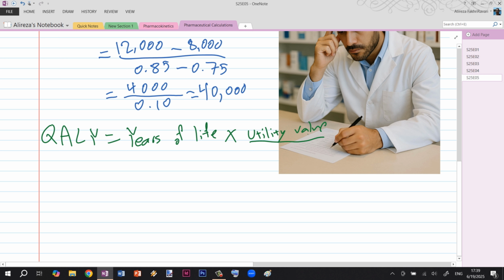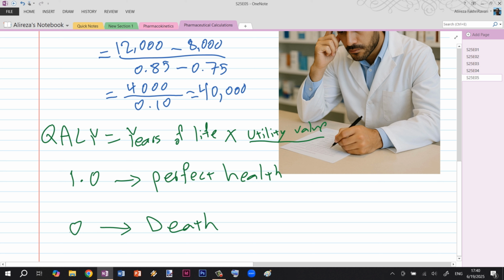So these numbers vary, and essentially a utility value is a scale. If you have a utility value of 1, this essentially means perfect health. And then you get something between that and 0. So 0 essentially means death.